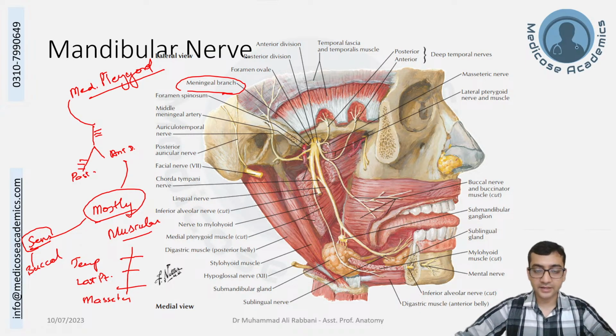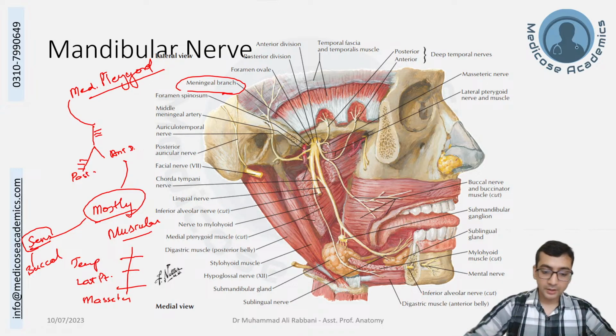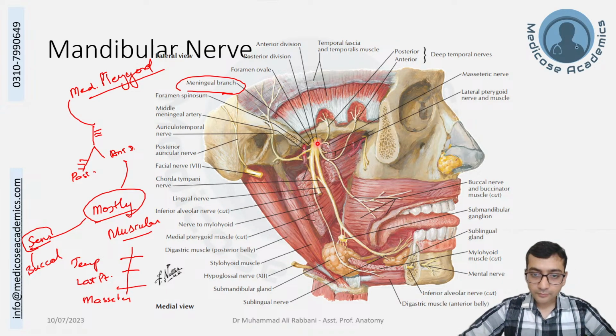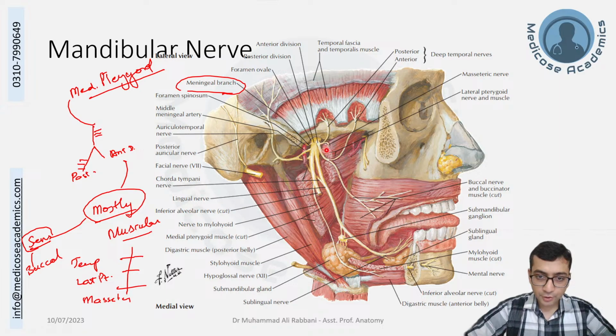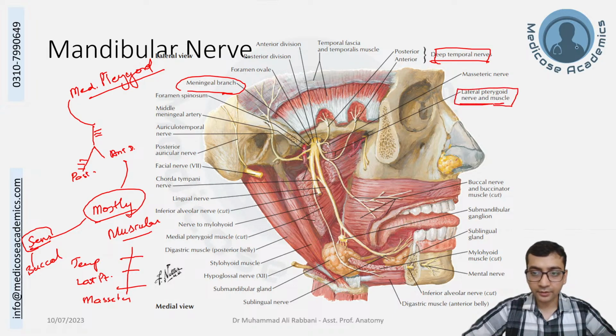Let's follow these nerves and find them. The ones going to the temporalis muscle are called deep temporal nerves, anterior and posterior. The one supplying the lateral pterygoid is a very small nerve, originating and just supplying the muscle, that is the lateral pterygoid nerve.